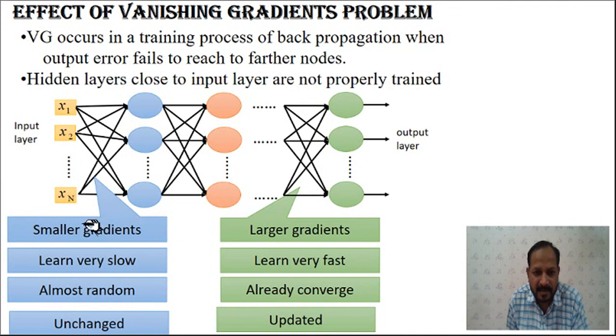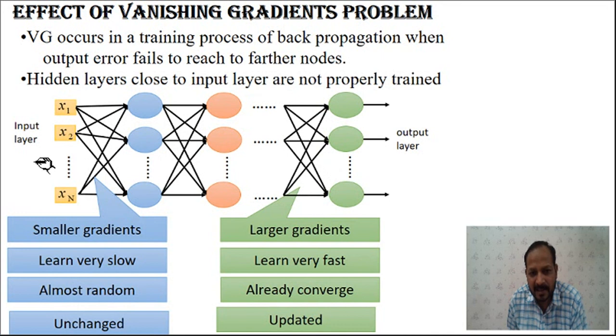So in this case the hidden layers near the input layer are trained very little or not trained at all, and the hidden layers near the output layer are trained very well.